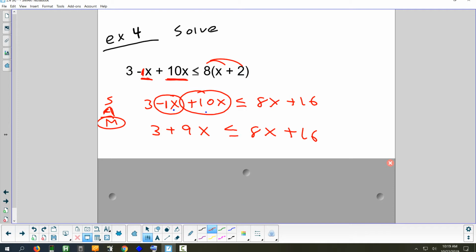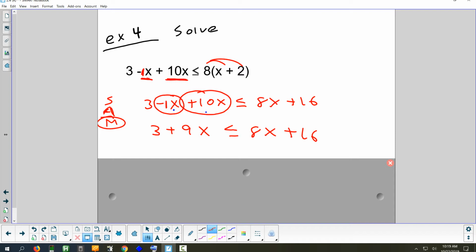Okay, so now we've got the choice. We got to get all the letters on one side. Adriana, what side do we try to get the letters on if we can? Left side. Right? We want to get them on the left side because then when we're done, the inequality tells us which way to shade.